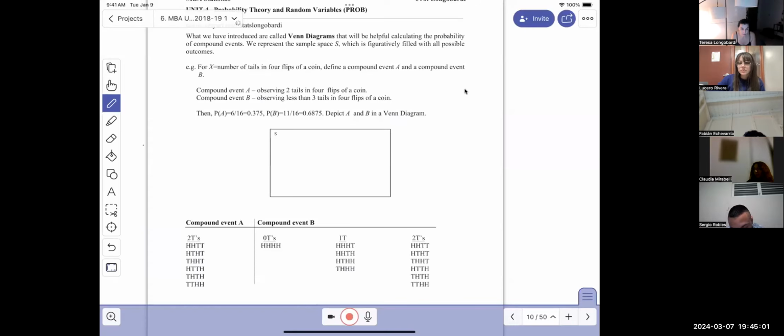I noticed that A and B share outcomes. In fact, A is completely inside of B. So they don't exactly overlap.